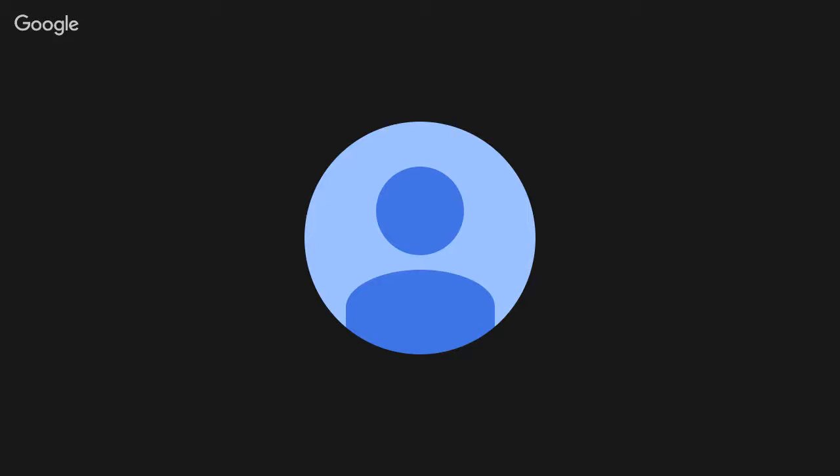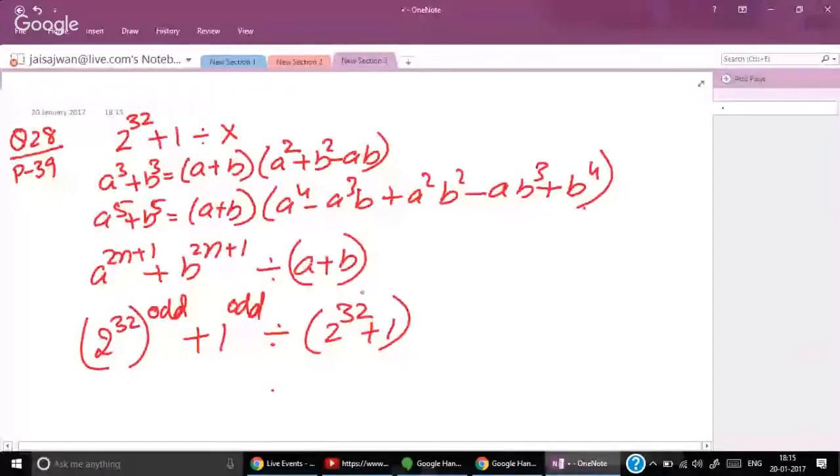Just remember, I'm sure you must have seen that number now. It is 2 to the power of 96, since 32 into 3 is 96. So I will say option A would be correct. 2 to the power of 96 plus 1 is divisible by 2 to the power of 32 plus 1.